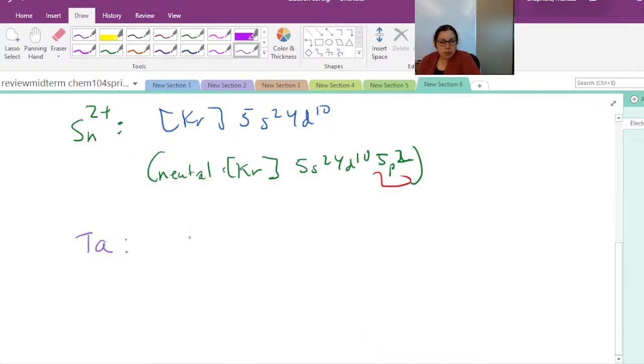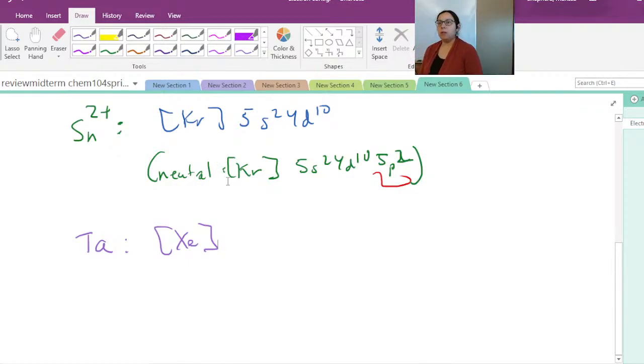So what noble gas can we start with? So xenon, and then where do we go from there? What does your periodic table say?